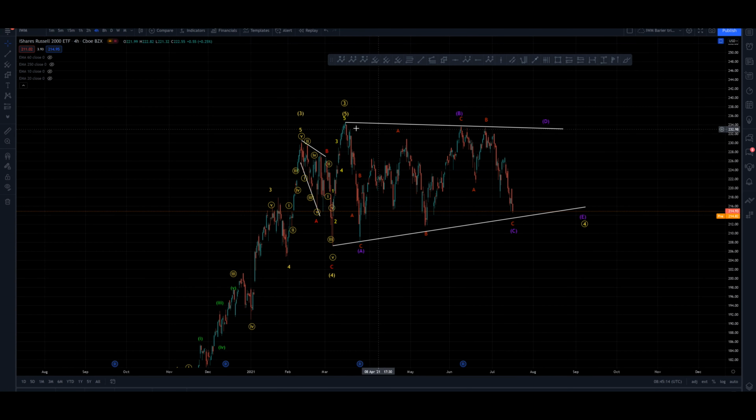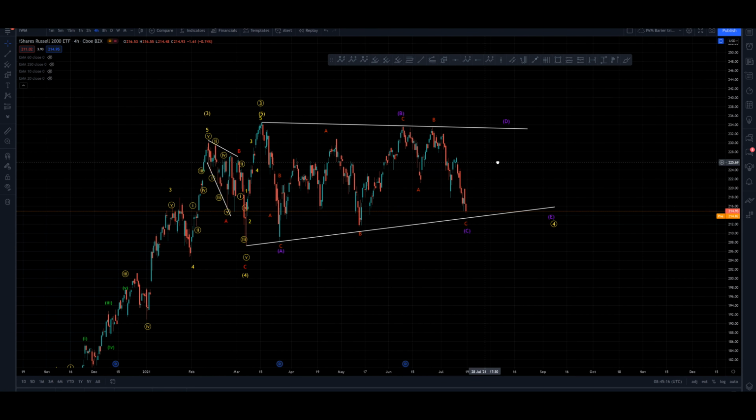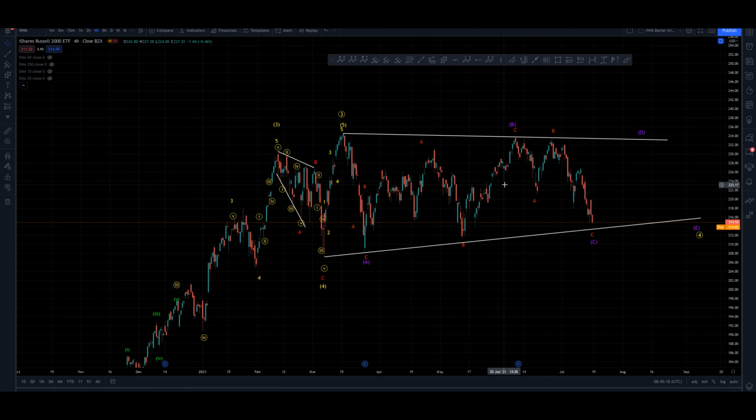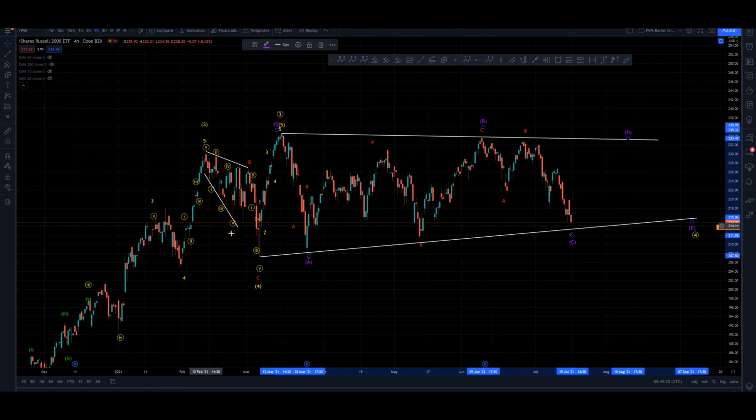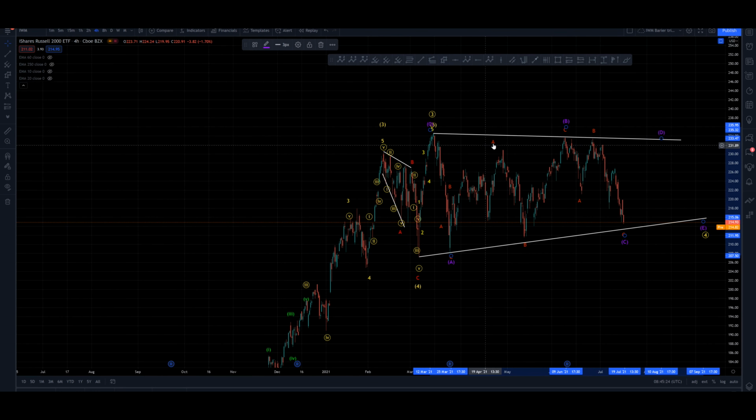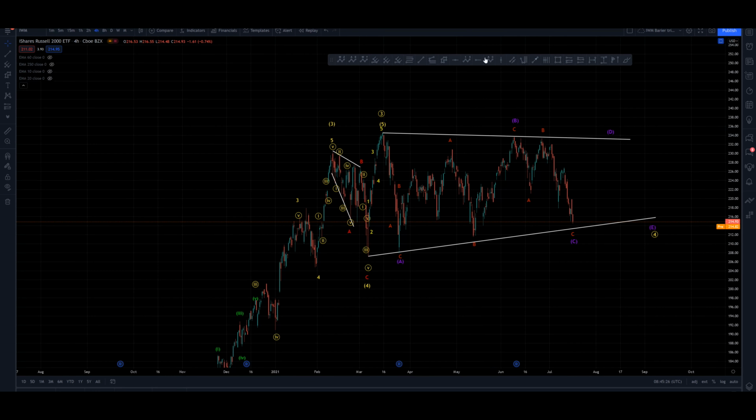It's not ideal, none of this is, unfortunately, in terms of how it's being constructed. But we have a series of rising lows and a series of lowering highs, so that's a symmetrical triangle in essence.